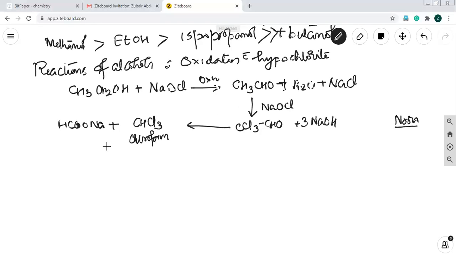Now let us see, instead of NaOCl, we take sodium hypoiodate, NaOI.